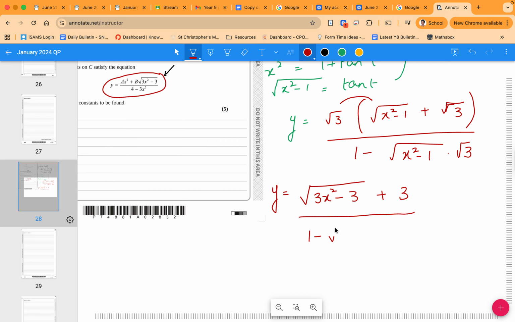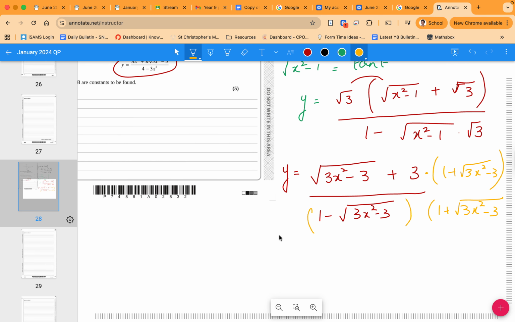This becomes 1 minus root of 3x square minus 3. Now from the denominator here, I can see that they have actually rationalized the denominator. So I'm going to rationalize this denominator, and when I rationalize, I'm going to multiply it by 1 plus root of 3x square minus 3, and then here also 1 plus root of 3x square minus 3.